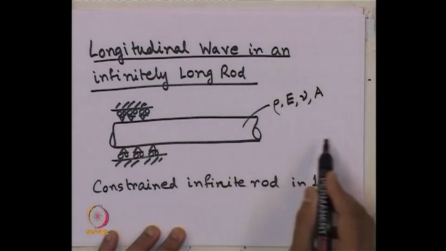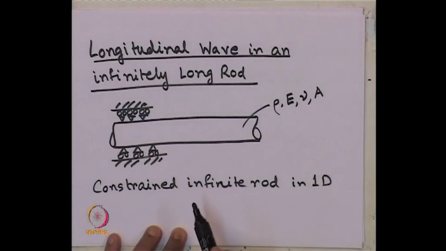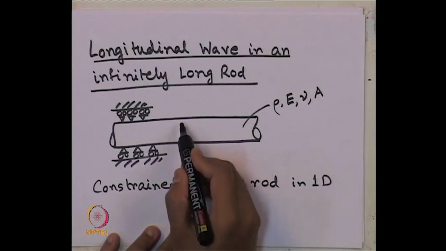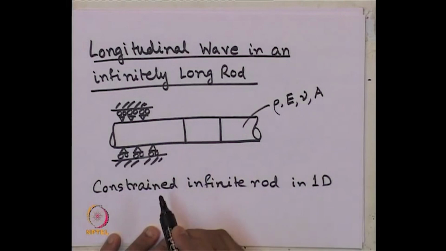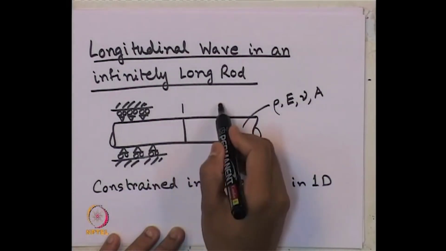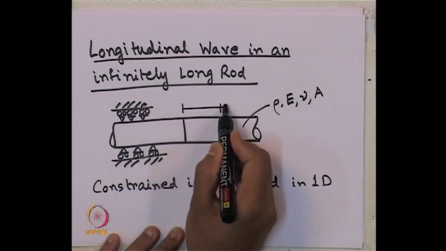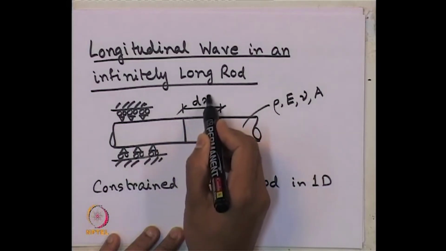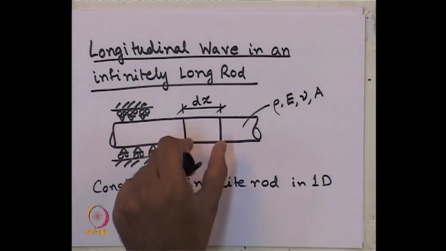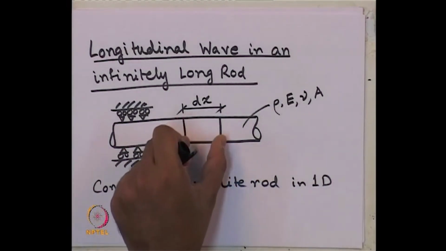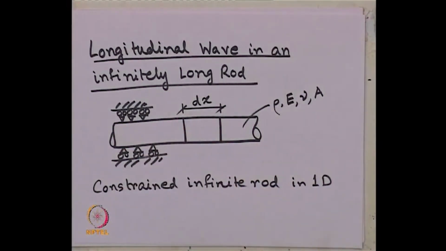Now, when the longitudinal wave is traveling in this one dimension in this rod, let us take one infinitesimally small segment with a length, say dx, through which the wave is passing.